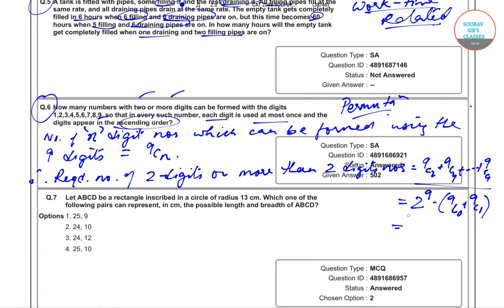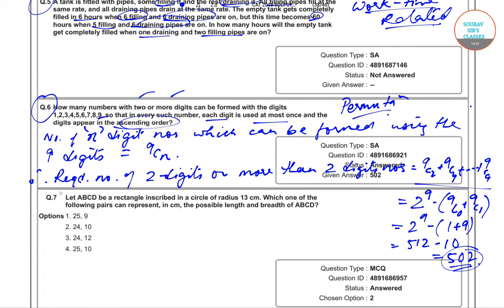If you find out the value, this will be equal to 2 to the power 9 minus (1 plus 9). This 2 to the power 9, as we already know, is equal to 512, minus 10. So the answer that we are looking for is 502. So 502 is the number of ways in which the numbers can be formed.